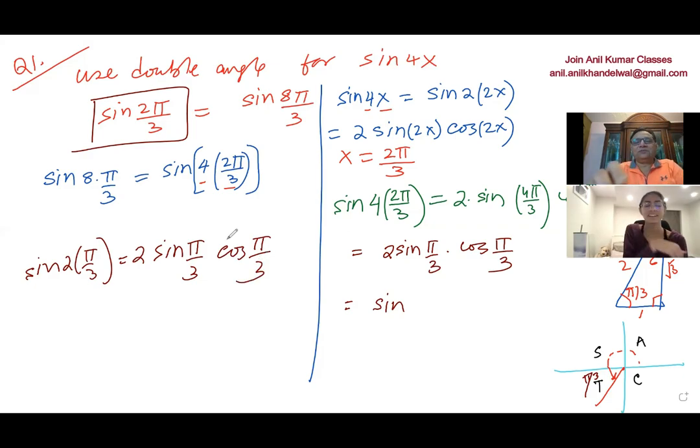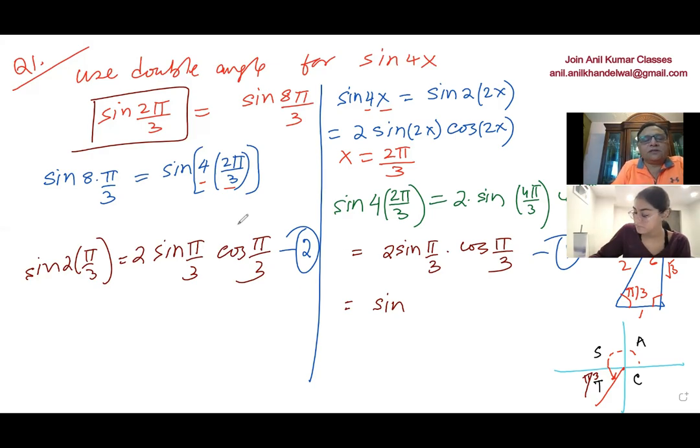Right. So now you compare the two equations. This equation, let me call this equation 2 and this one as 1. Do you see that? You get exactly the same. So we started with 8 pi by 3, that is the right hand side, and we landed up with the left hand side, which is basically, let me write here, 2 pi by 3.